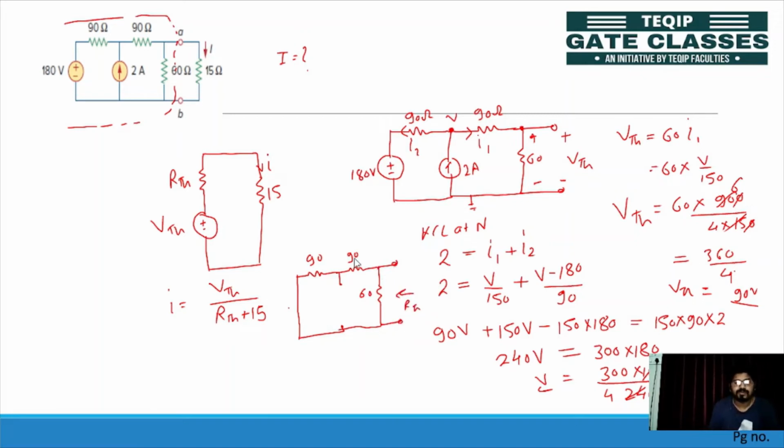Your 90 and 90 are series resistances, so 180, and 180 and 60 will be in parallel, so RTH will be 180 into 60 divided by 180 plus 60, which is 45 ohm, I think.